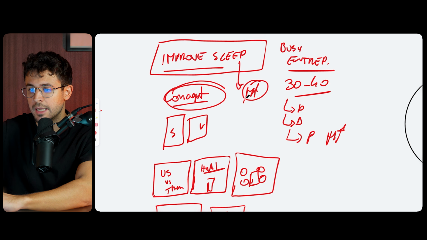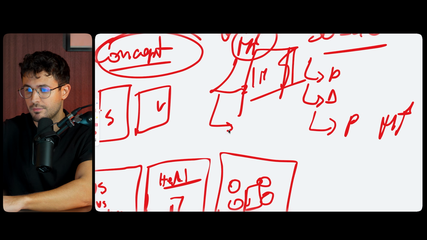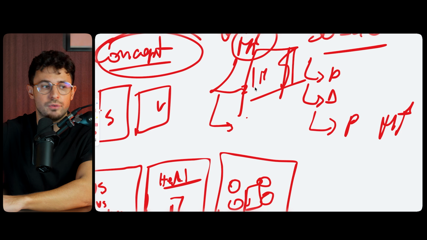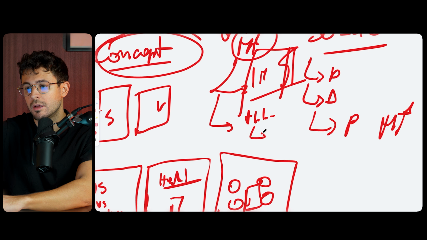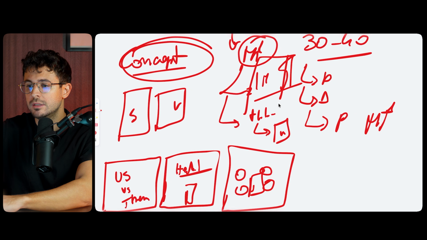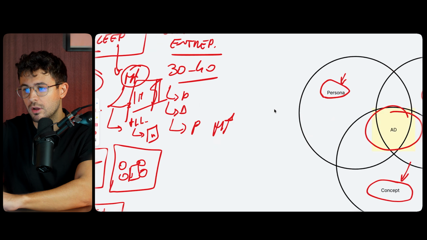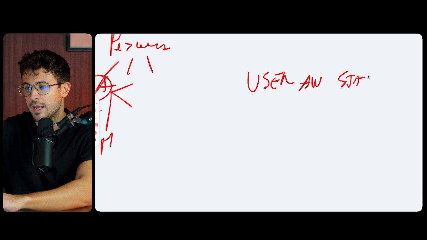They want to improve sleep because they want to make more money, but you have different ways of delivering this message. You can say improve sleep because you want to make more money, okay? Very straight to the end outcome. Or you can be a little bit softer and say, you cannot sleep at night because you think about work, and then say, this is the solution for you. So you call out the problem. This different application of an angle is what we define as the user awareness stage, okay?